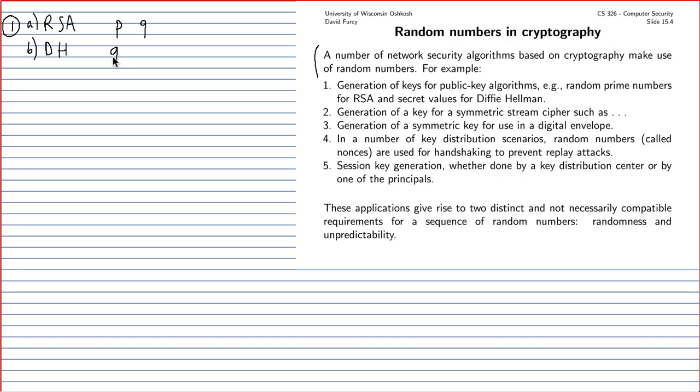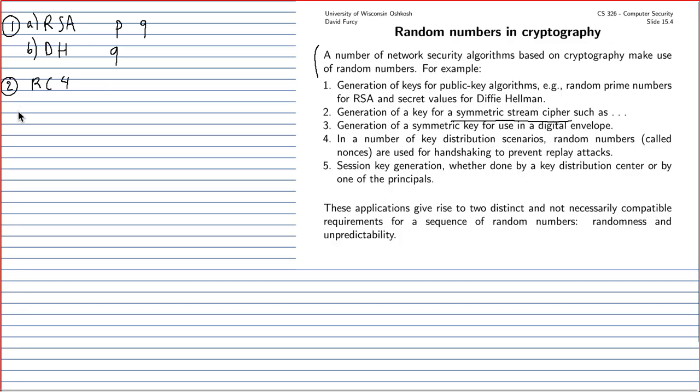As a second type of application, let's remember the discussion we had about symmetric stream ciphers, in particular the RC4 algorithm. Remember that the way these algorithms work is they're basically a practical version of the one-time pad, where the message to be encrypted is XORed with a random key, a sequence of bits that's as long as the message.